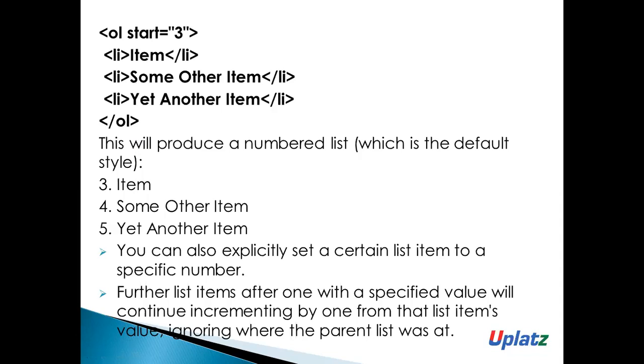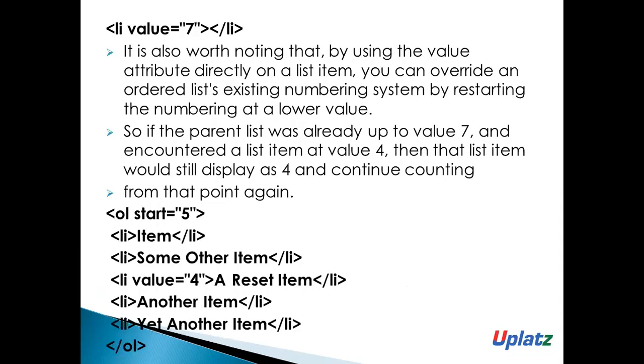You can also explicitly set a certain list item to a specific number, with the following items incrementing from the specified value, or else you can ignore where the parent list was. So li value 7, and then close li.